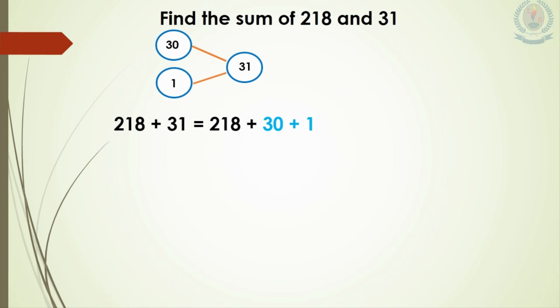Here I think it's clear to you why we add multiples of tens first, because adding multiples of tens is easier. We can count on in tens easier, right? Then after that we can add the extra one. So 218 plus 30 is equal to 248. So we can add 1 to the result. 248 plus 1. The answer is 249.